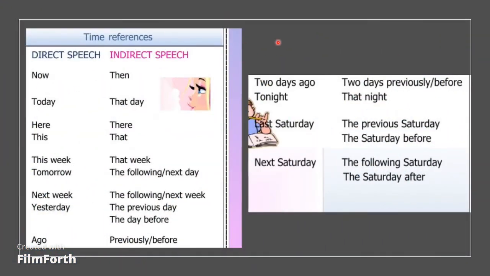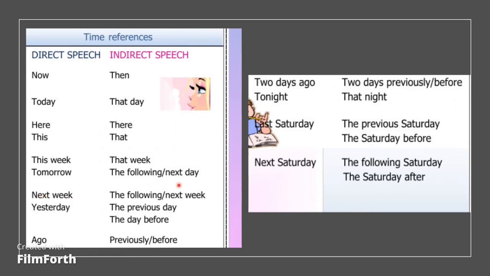Now children, as I told you, this chart is related to time reference, those words which have to be changed. Now becomes then. In the direct speech, if you have now, it becomes then in the indirect speech. Do not forget this. All these words, please keep in mind. Today, that day; here, there; this, that. This week becomes that week. Tomorrow, the next day. Generally it's better to write the next day, or even the following day is not wrong.